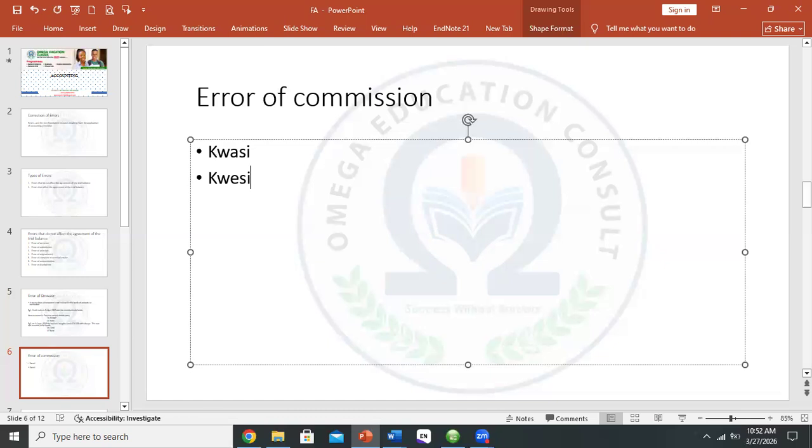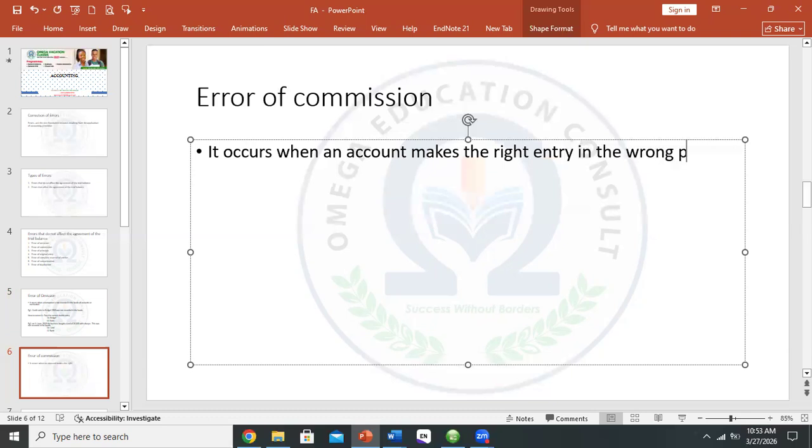So let's define it. It occurs when an accountant makes the right entry in the wrong person's account due to name similarities.